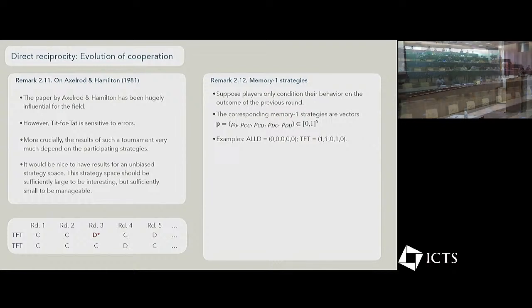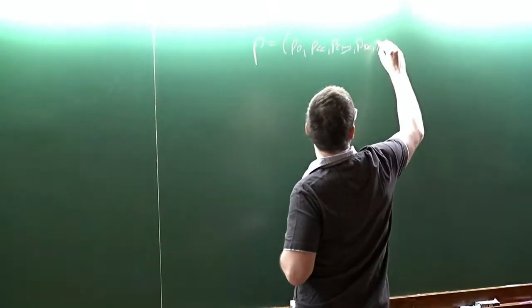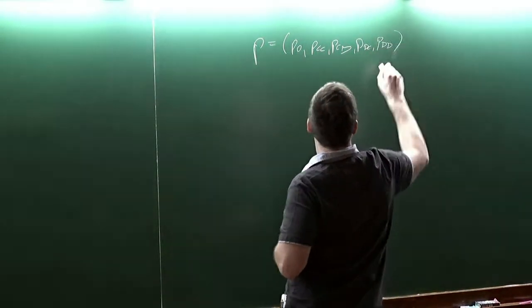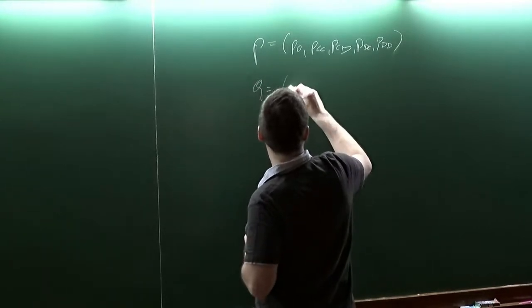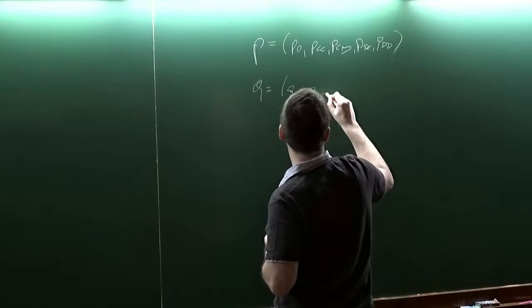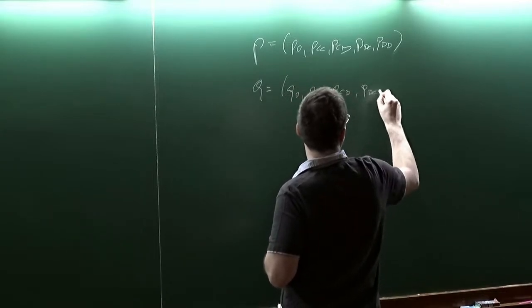So suppose you have 2 memory 1 strategies. The first strategy is P, which has P0, PCC, PCD, PDC, and PDD. And my co-player plays the strategy Q, which is Q0, QCC, QCD, QDC, and QDD.